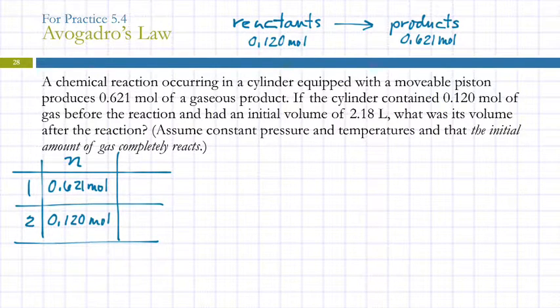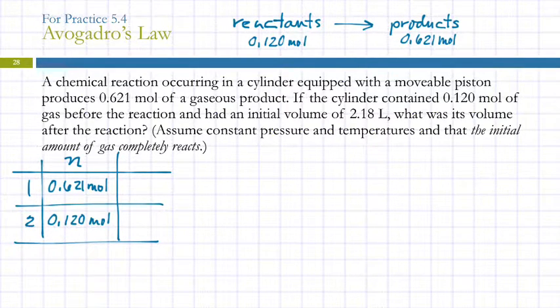They're just different. And then we have this volume. Which one does the volume go with? It goes with the 0.120. The cylinder contained this before the reaction and had an initial volume of this. So those two go together.